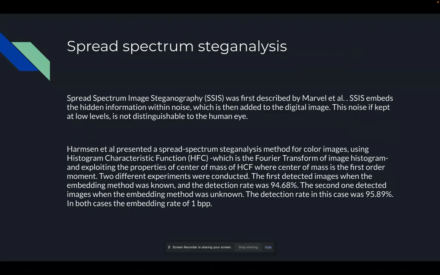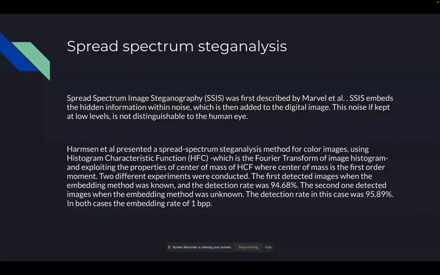Harmsen and other researchers presented a spread spectrum steg analysis method for color images using the histogram characteristic function, which is the Fourier transform of an image histogram, and exploiting the properties of the center of mass of the HCF, where center of mass is the first order moment.